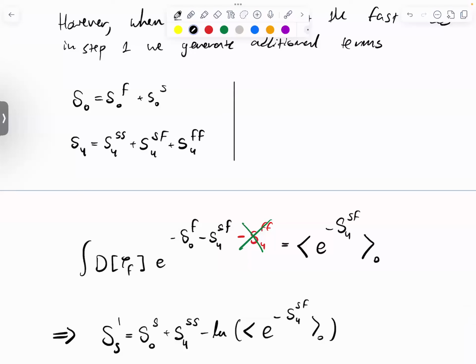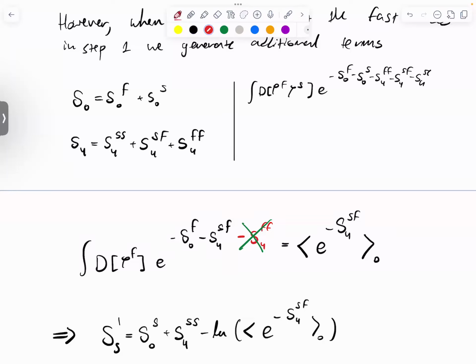That's trivial because of the full theory. Let me write the full theory. The full theory is an integral over d phi fast and phi slow, with e to the minus S0 fast minus S0 slow minus S4 fast minus S4 slow fast minus S4 slow. Now I'm integrating.